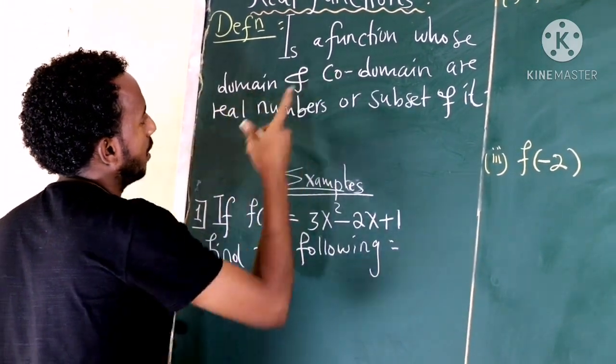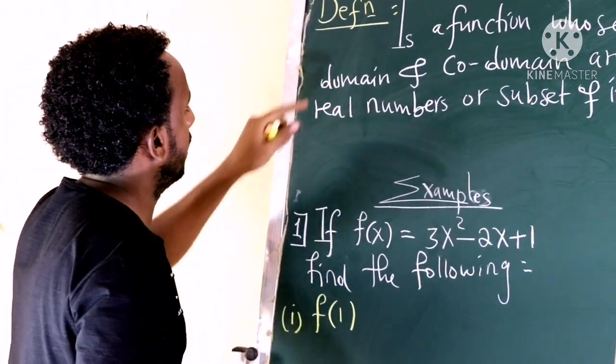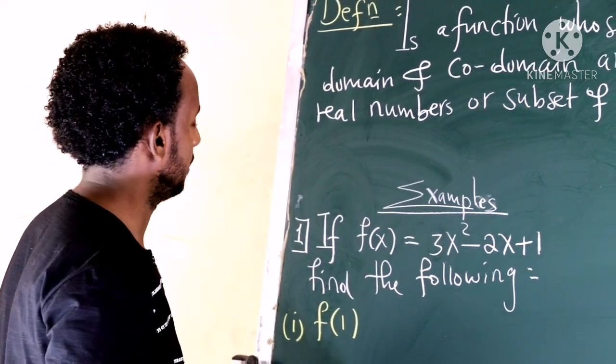So both domain and codomain should be real numbers. That is what we mean by real functions.